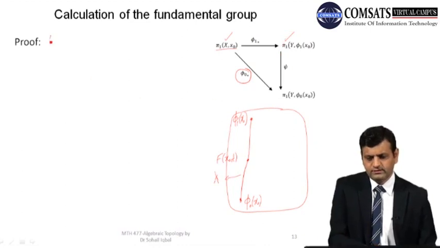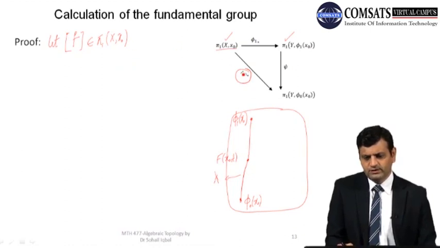So let f be a path class of loop in pi 1 of x naught. We also know that the image of this is going to be a loop under this phi naught star and also under this, so I will get a loop over here and over here.